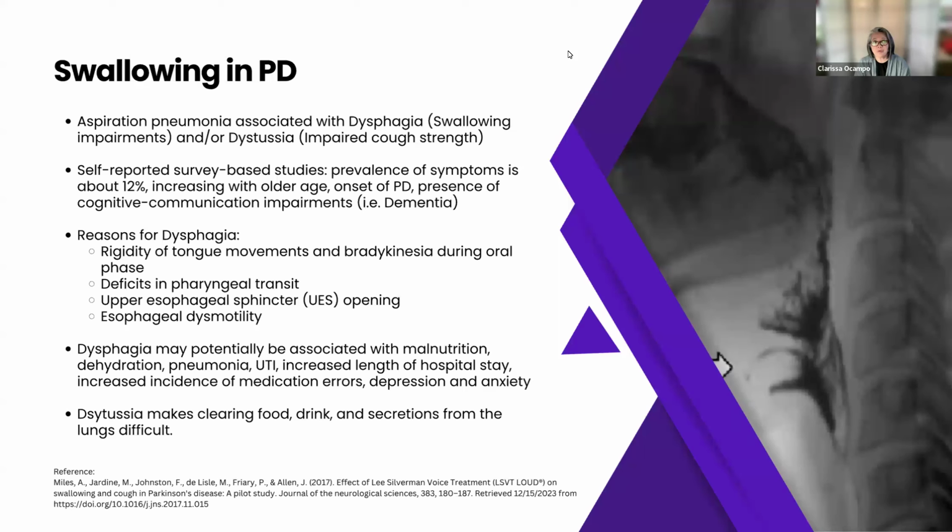Aspiration pneumonia is when material such as secretions, food, anything that you're drinking, starts to fall into your airway and into your lungs. It's that repetitive occurrence of aspiration that can lead to the illness.